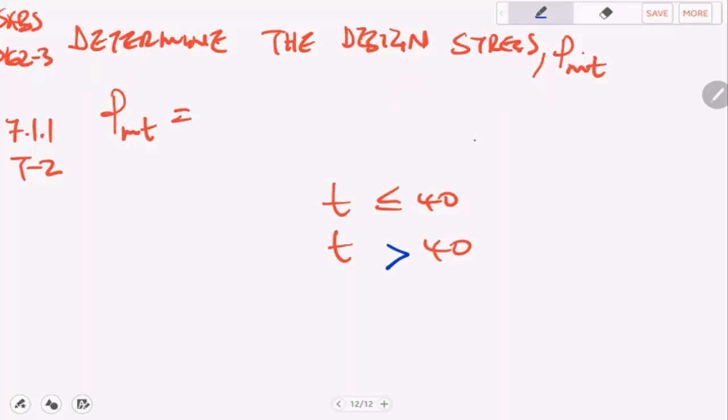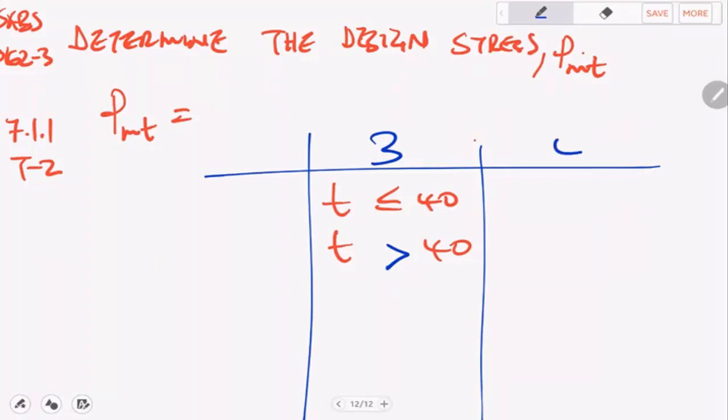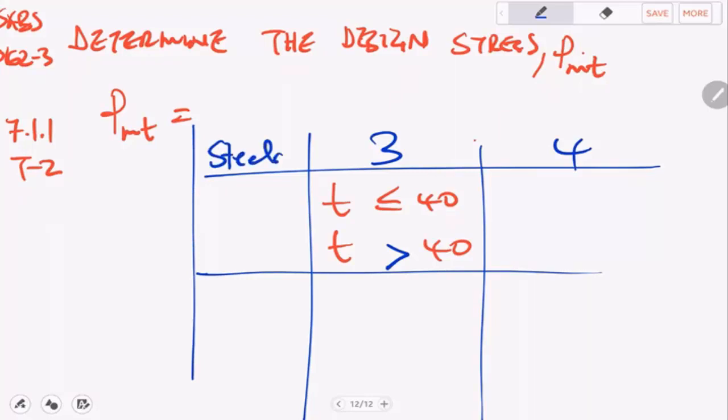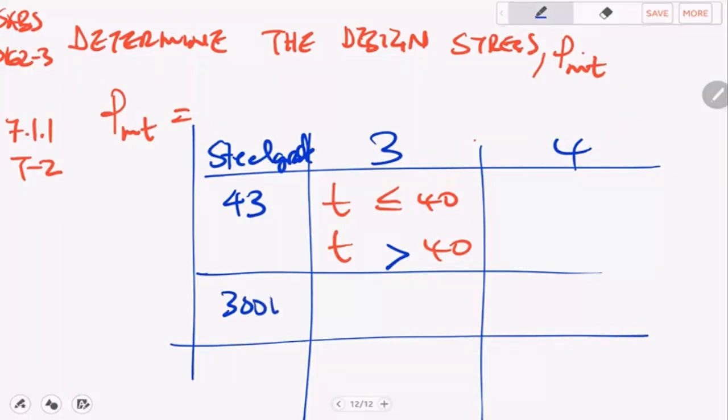In column 3 and column 4, and column 2, which is still the grade, you have grade 43, then 300W. Then the next section talks about a different type of structural sections, again with grade 43 and 300W.